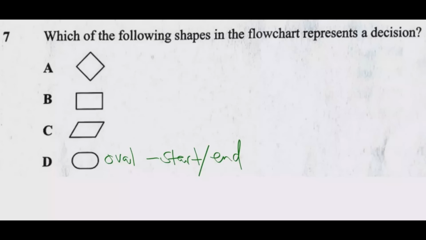Then the parallelogram symbolizes input or output.